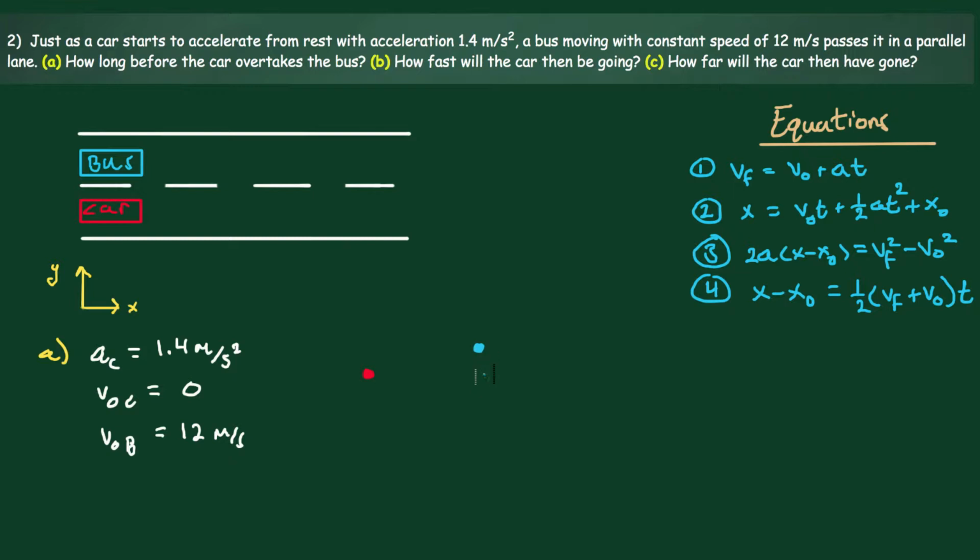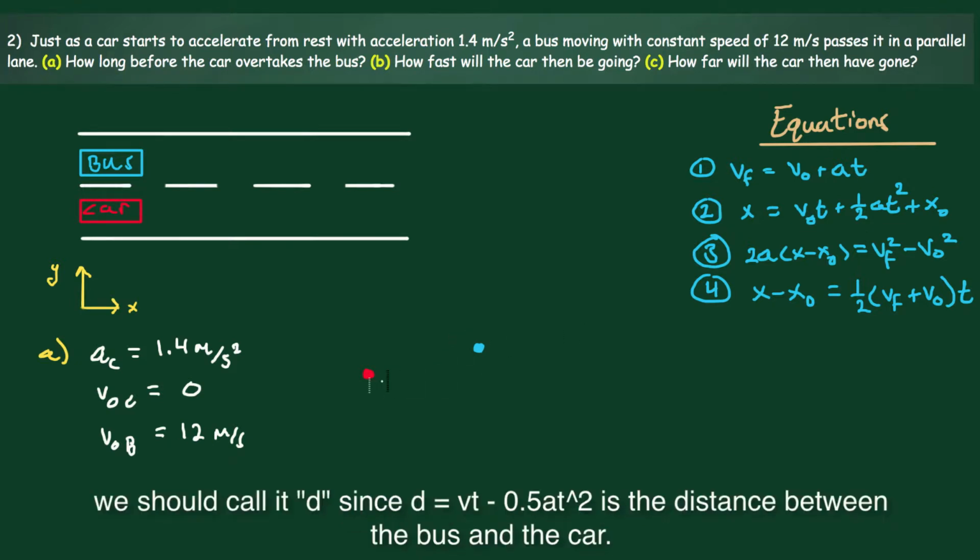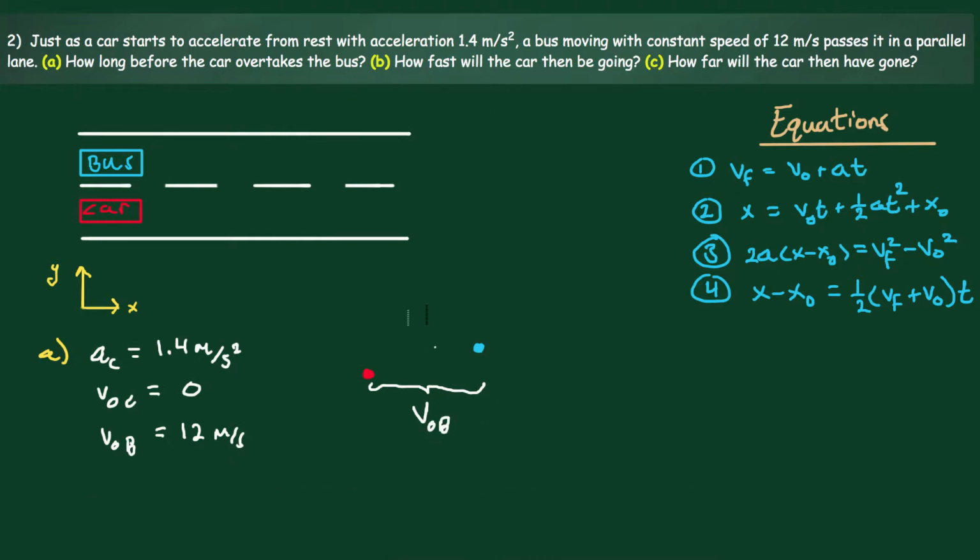Now, this distance, we can call it v times t. The distance over here is going to be v of the bus times t.